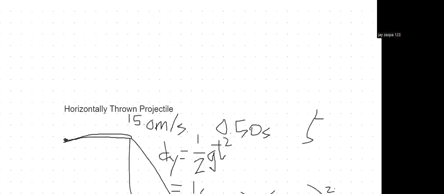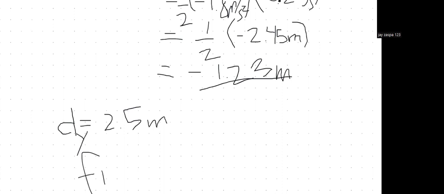So I'll give you an assignment for this one. You need to solve this one. With the given vertical distance of 2.5 meters, find the time.